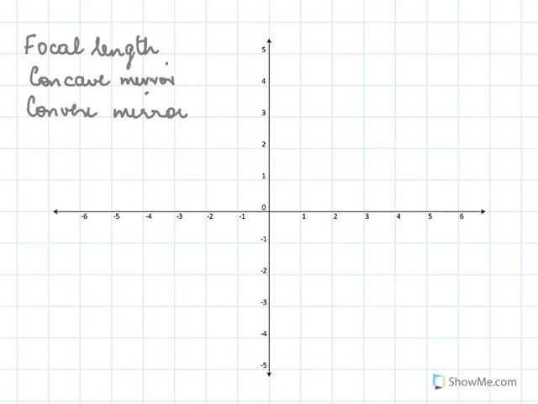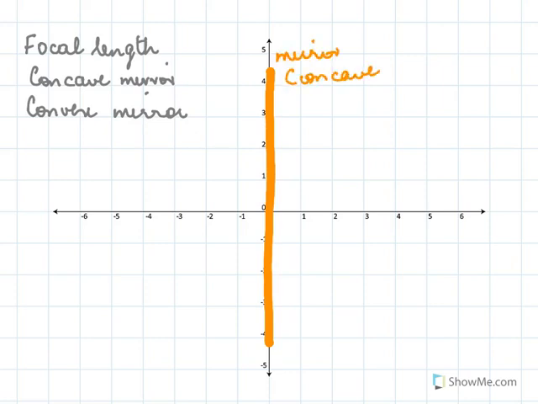So let's try to figure out the focal length of the concave and convex mirror using this graph. I always told you, we consider the axis to be here, the mirror to be here, and if you are taking the concave mirror, here this would be the concave mirror, so this would be your reflecting surface. For the concave mirror, you know your focus is always formed in front of the mirror, this side, and this would be your focal length from the pole.